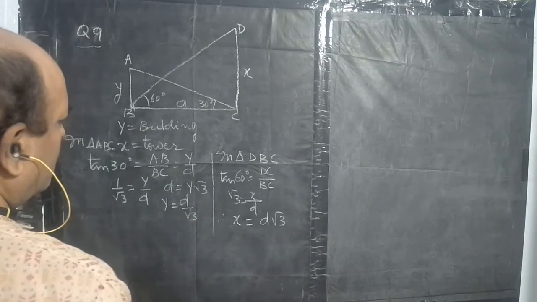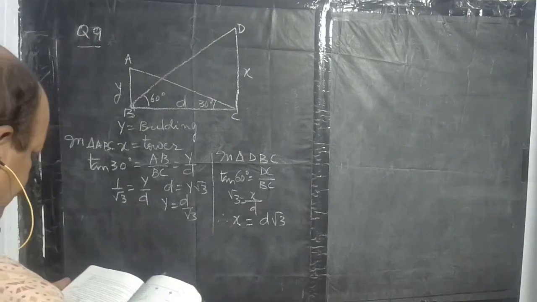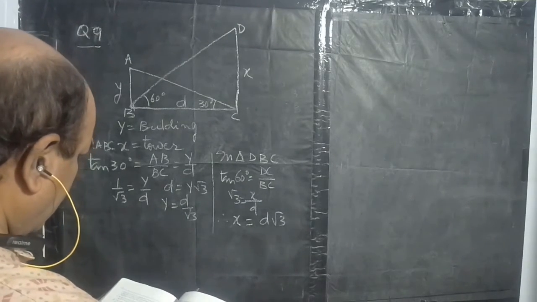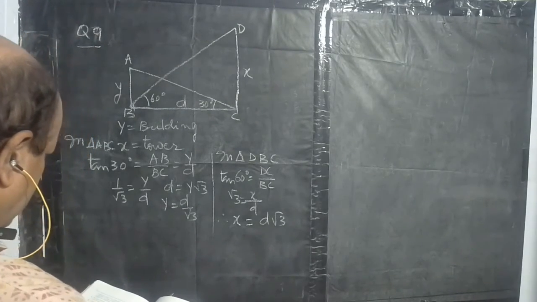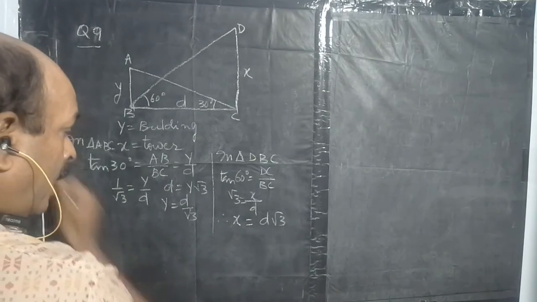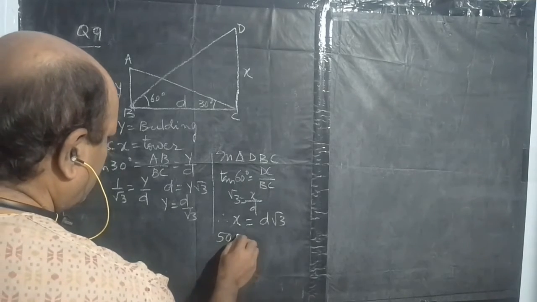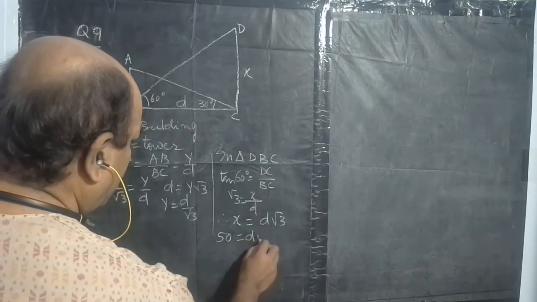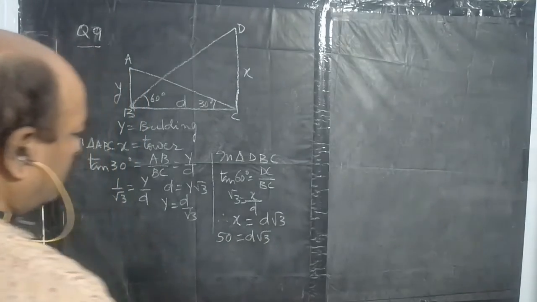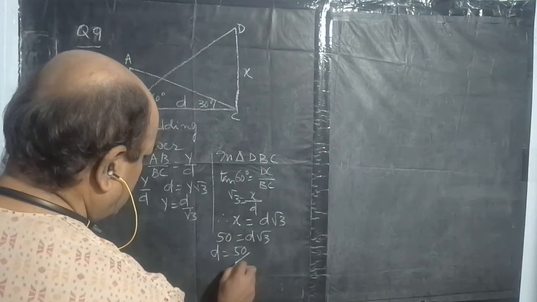Now we have to find the height of the building, height of the tower, that is x given. X given 50. So 50 is equal to d root 3. So d is equal to 50 upon root 3.